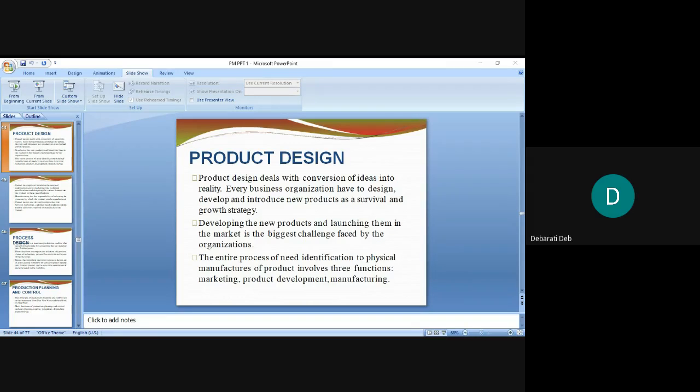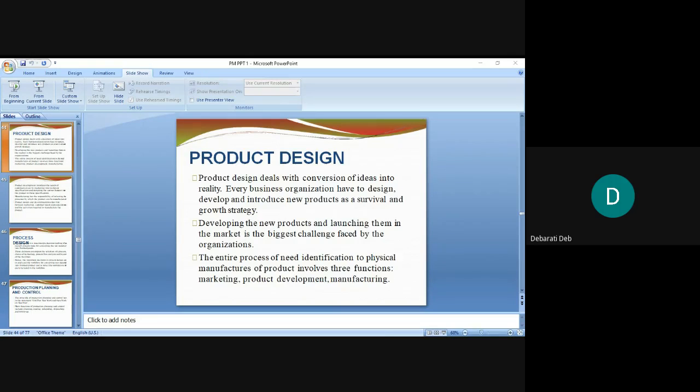Then the entire process of need identification to physical manufacture of the product involves three functions. So product design may be a topic related to the production management department, but three different aspects are involved, which actually lead the business organization in designing the product, and the functions are respectively marketing, product development, and then manufacturing.